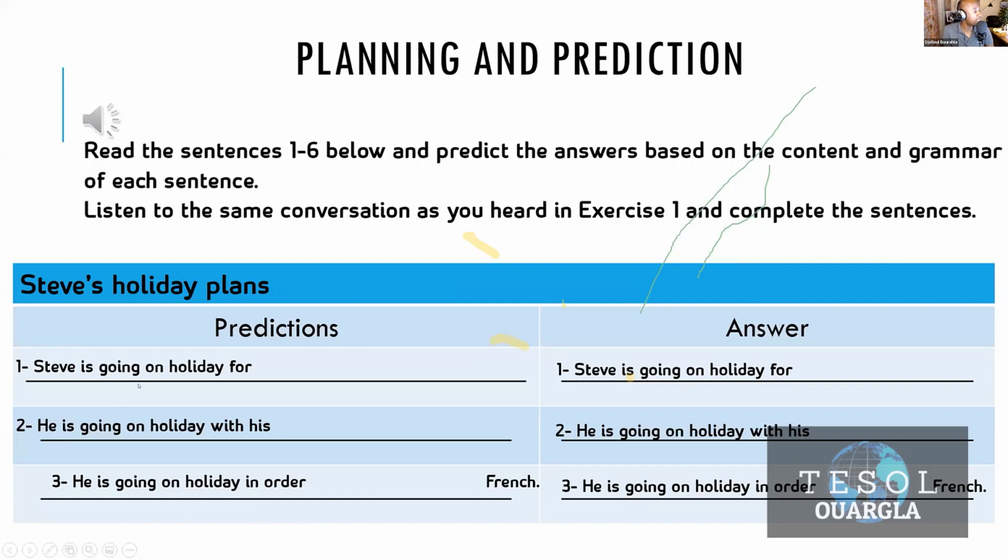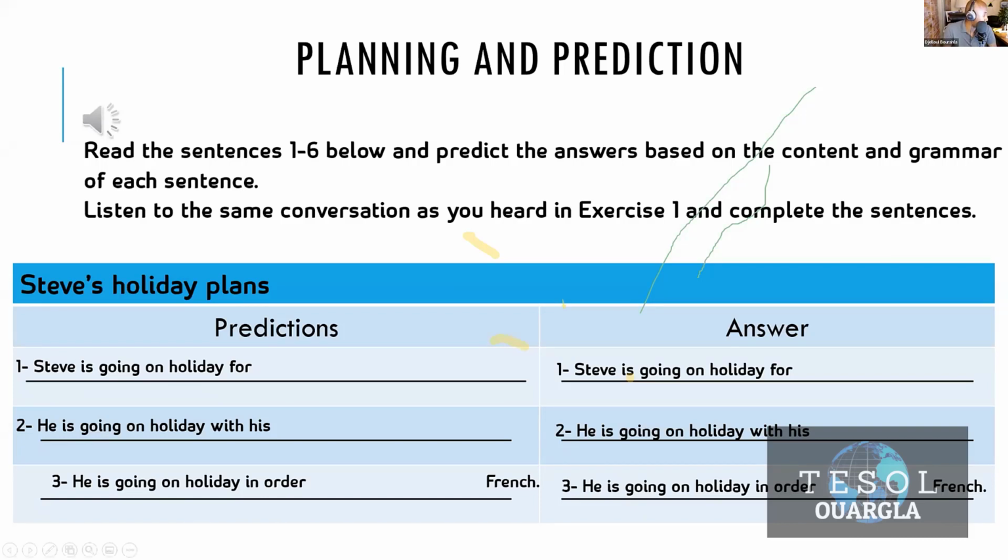For number 1, Steve is going on holiday for what? Say, for. Write down in the chat box, please. So they got a week, 2 weeks? Friends? Yeah, for example, for 2 weeks.